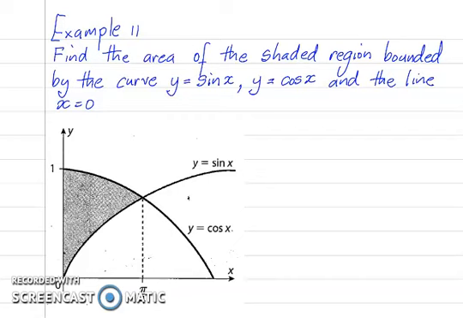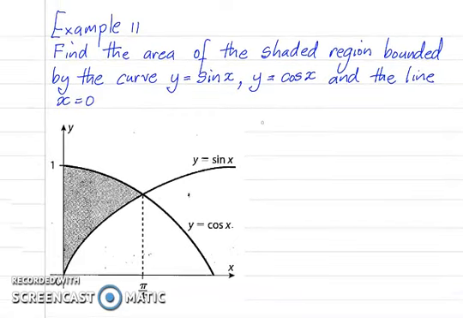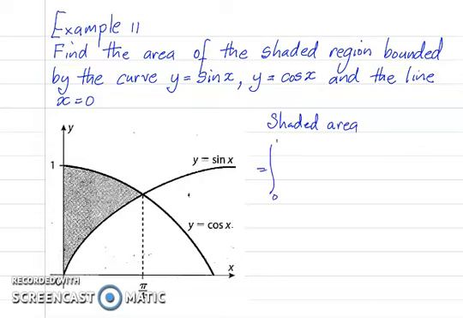So the shaded region is shown, and this shaded area would be equal to the integral from 0 to pi by 4 of the curve that is on top, which is y equals cos x dx, minus the integral from 0 to pi by 4 of the curve that is below, which is sine x.